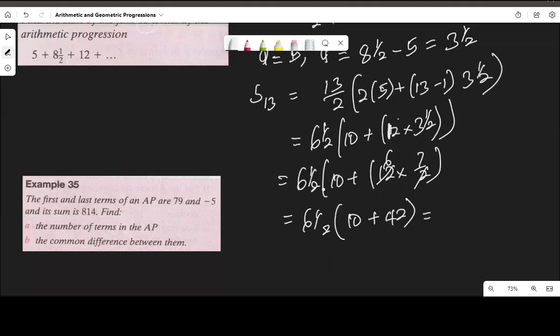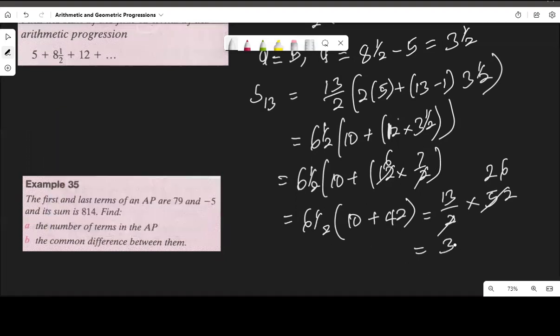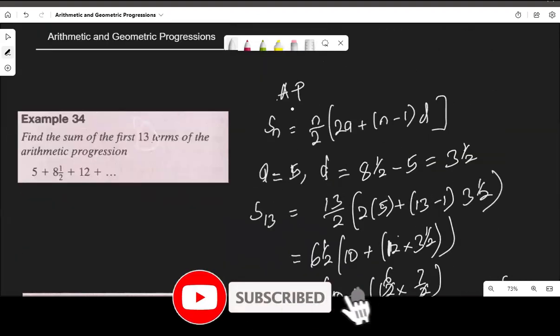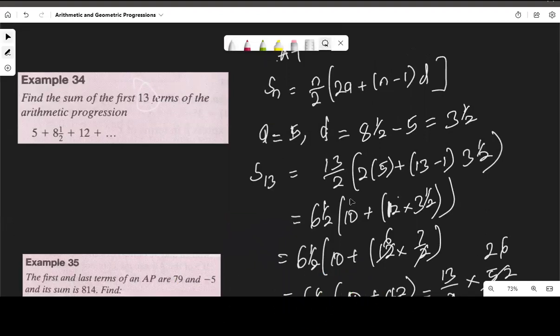So 6.5, let me turn it back to 13 over 2. 13 over 2 multiplied by 52, 2 here 1, 2 here 26, and 13 times 26 will be 338. So the sum of the first 13 terms of this AP is 338.